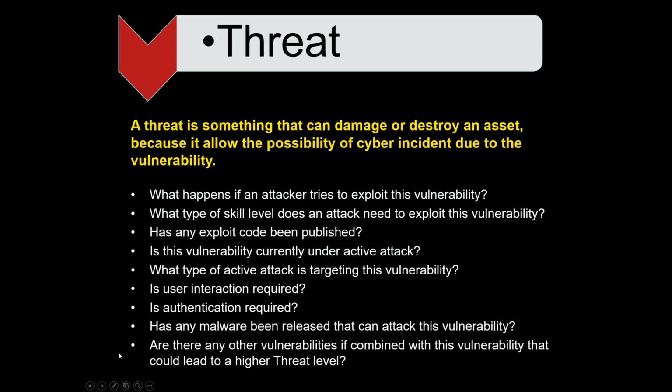An area which, in my experience, most security professionals and IT professionals have failed to look at is: are there any other vulnerabilities, which, if combined with this one, that are on our systems, could lead to a higher threat level? Because sometimes we're looking at a vulnerability, it's coming out in the media as really bad, things could happen, but we realize authentication is required, user access is required, or they need some other way onto the system.